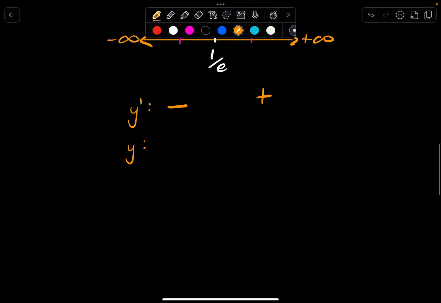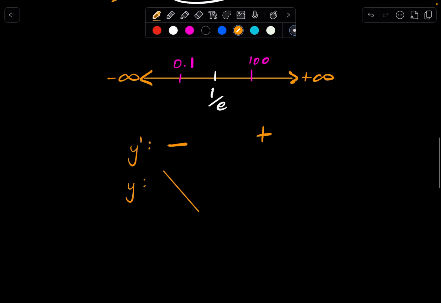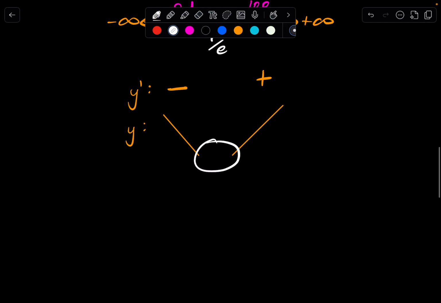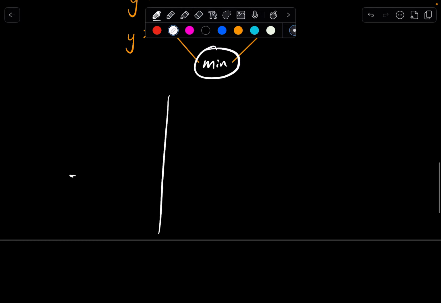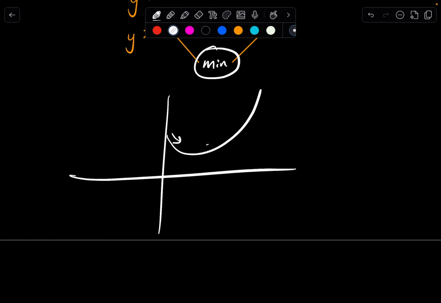Now, what does that mean? If the derivative is negative to the left side of 1 over e, that means the function is decreasing. And then if it's positive to the right of 1 over e, that means it's increasing. And ladies and gentlemen, that means at 1 over e, this is a local minimum, because that even makes conceptual sense. If the function we define like this is decreasing here and then increases here, and this point which we found was 1 over e, this must be the minimum.